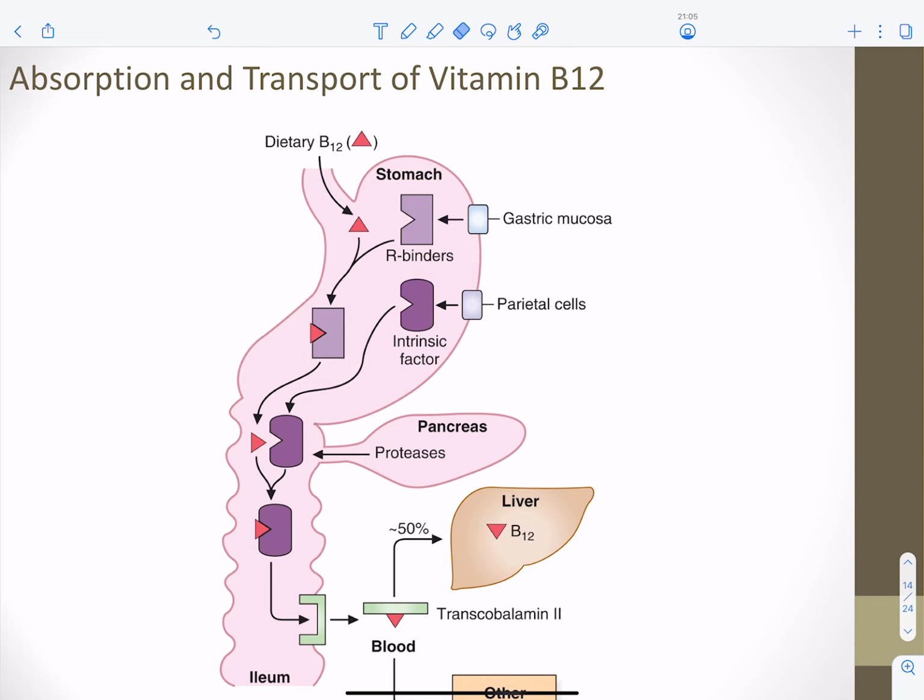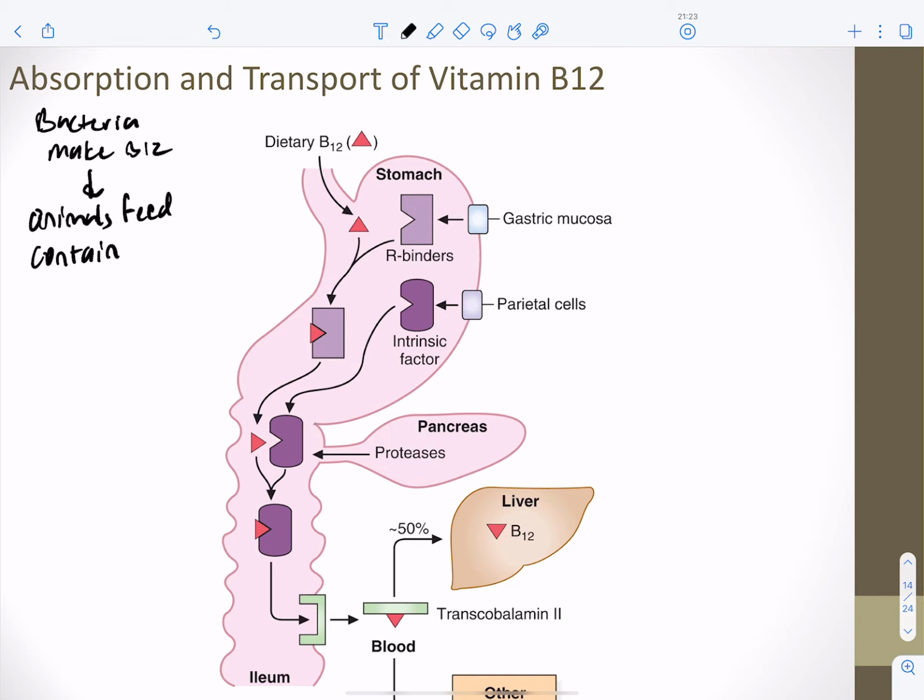So it's actually bacteria that make B12, and then the animal's feed contains bacteria plus the B12, and then humans eat the animals plus the B12. That's pretty much how it goes.